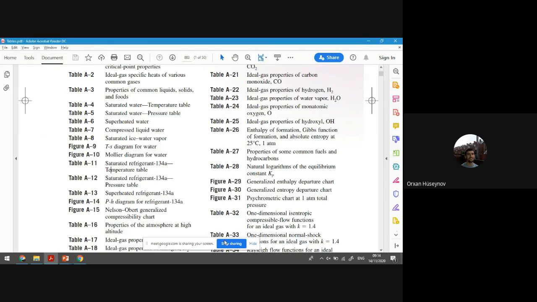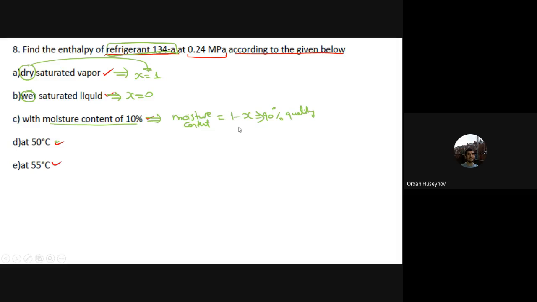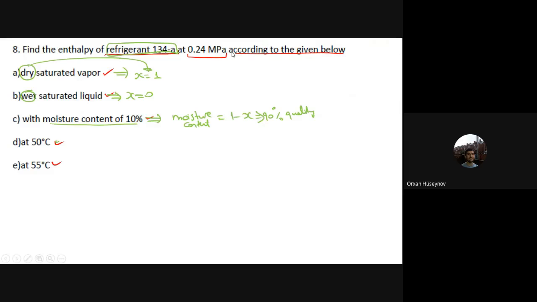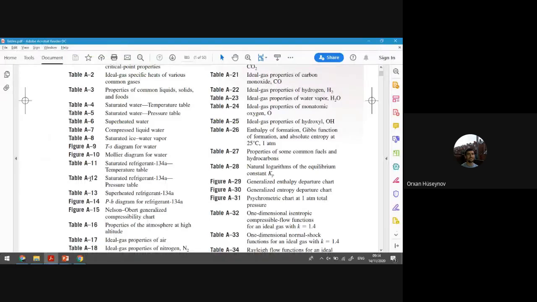I will see which one is okay for me, because here you have the pressure value given only, so I should use the second one. You can see the second one is arranged with respect to pressure, and A11 is designed with respect to temperature. Since the question gives the pressure value, I should look for table A12, and let's solve it for table A12.